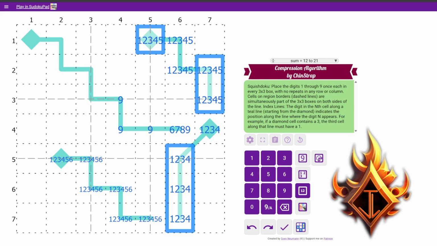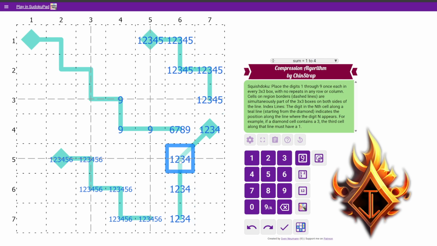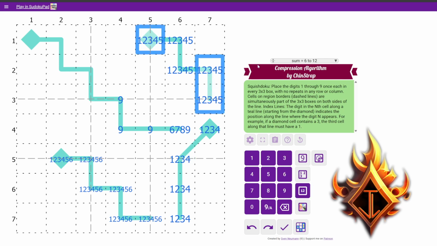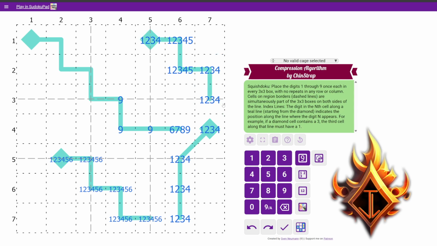But this number, in particular, will not be there. But it means that none of those are 5. It means that 5 is in this column. It means that this is 6, 7, 8, or 9.